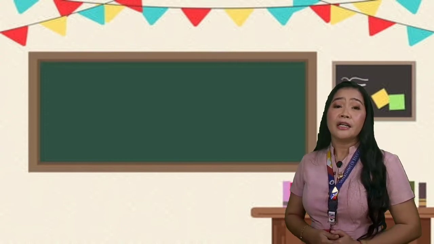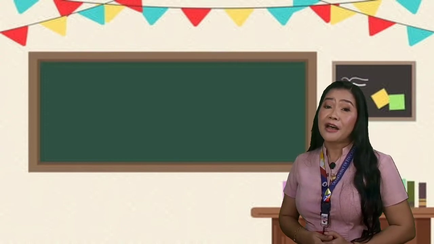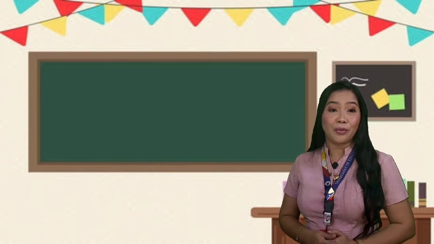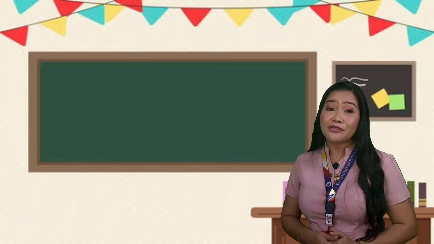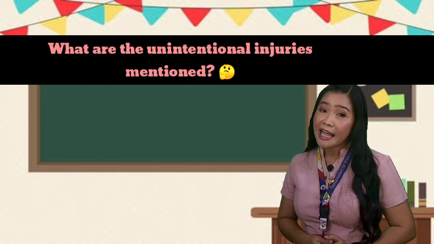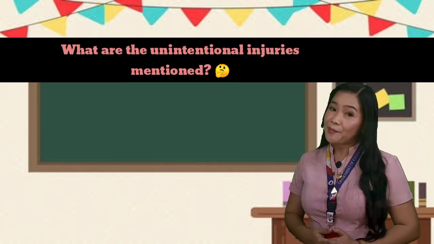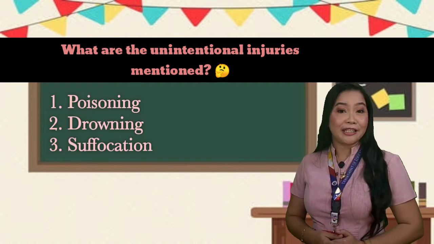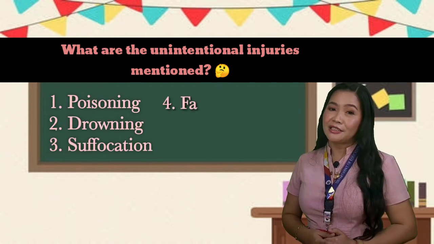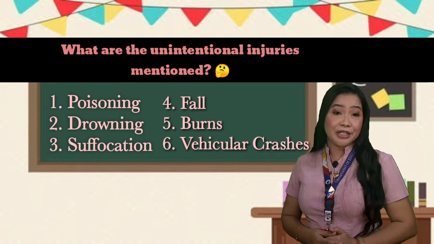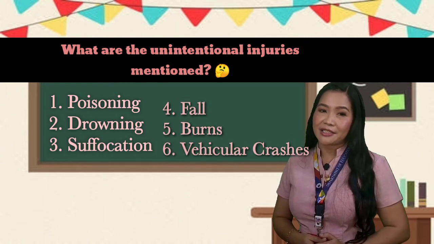But before that, may I ask you the following questions? Number 1, based on the activity, what are the unintentional injuries mentioned? Yes, poisoning, drowning, suffocation, fall, burns, and vehicular crashes.